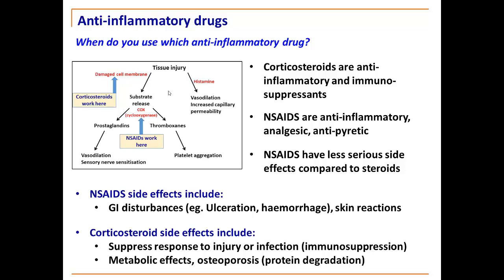They also have a variety of metabolic effects. They increase blood sugar levels. They stimulate protein breakdown, so can lead to osteoporosis because of that protein degradation. So they have a multitude of side effects. So you would not use those primarily when you're treating someone if you could avoid it.